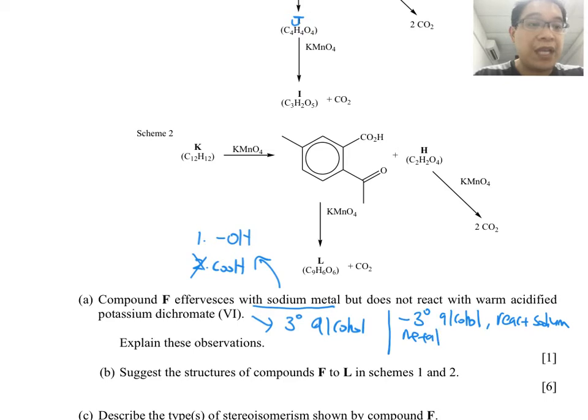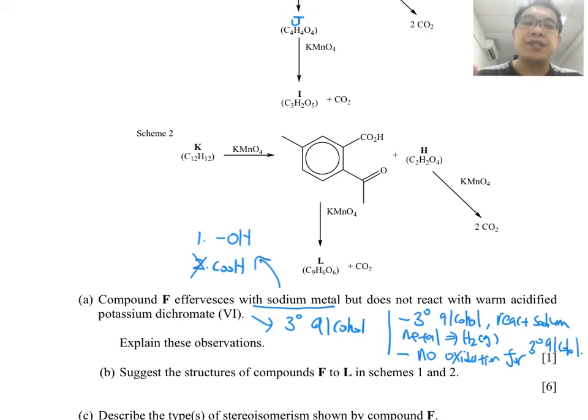It gives you effervescence, which is hydrogen gas. That's part 1. Second, it doesn't react with warm acidified potassium dichromate(VI), meaning there is no oxidation for a third degree alcohol. So this is your part A.